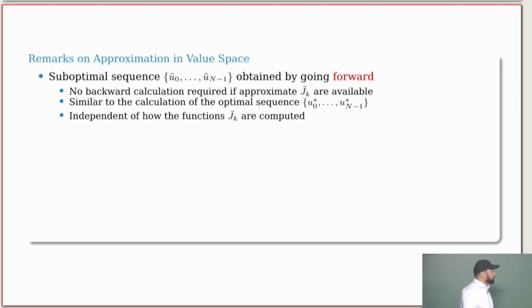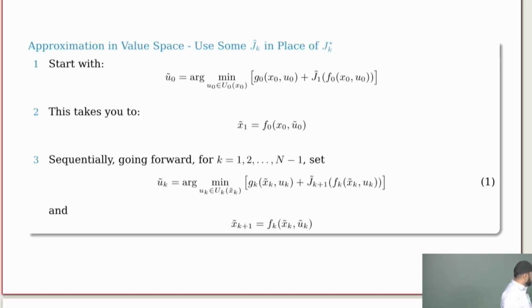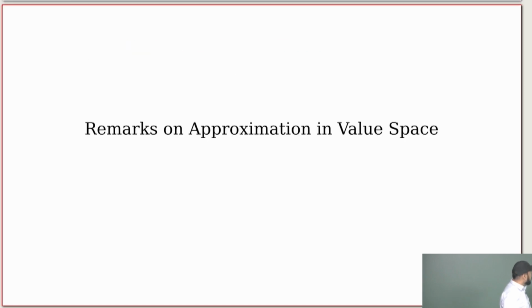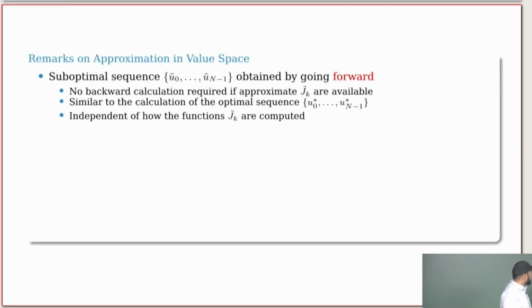I don't want to go through the two-stage process where I did the optimal cost computations first, and then came to the optimal control sequences as a second step. If I'm doing approximation, there may be a possibility that I will find this on the fly, online basically.